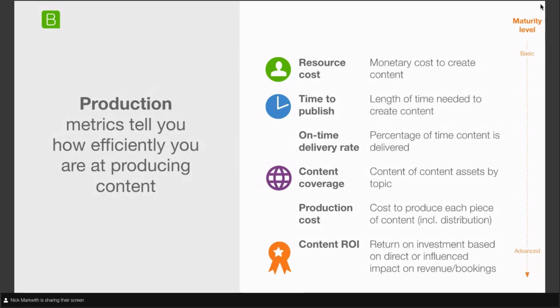And then finally, content ROI, return on investment based on direct or influence bookings. So a lot of marketers are being asked to measure revenue, and while that tends to be more of a performance metric, I have seen a number of marketers being asked to report on investment per asset, or ROI per asset, or ROI per content format.